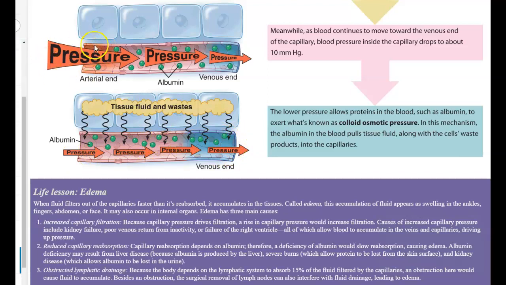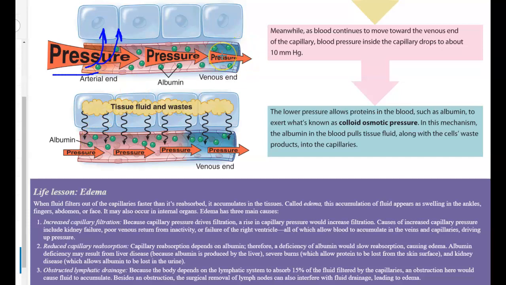So at the arterial end of the capillary, the pressure is greater, and the pressure due to blood pressure is pushing things out, causing filtration.